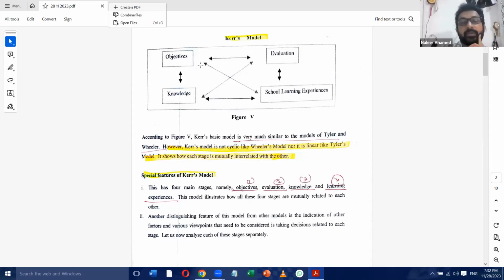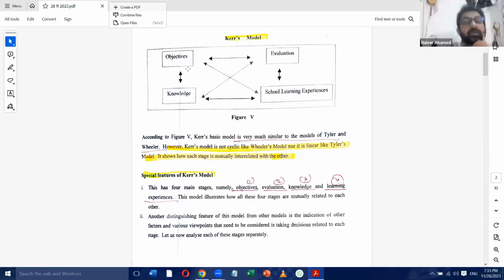Here you can see the arrows in both ways, and in all directions they are connected. The first one is objectives, knowledge, learning experience, evaluation. You can cross-check whether you have achieved the objectives through the evaluation. Again, the knowledge and the evaluation, objectives and the school learning experiences. All four components are interconnected with each other.